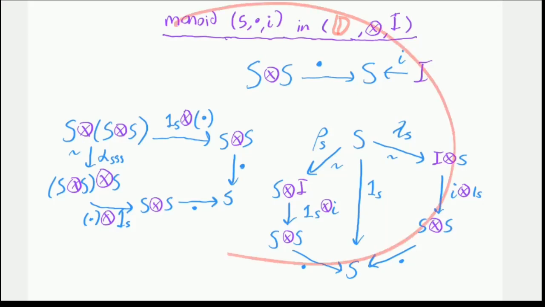So what I've written here is what I consider to be a monoid in this monoidal category D. And just to reiterate, a monoid in this monoidal category D consists of an object S of D together with an arrow called dot from S tensor product S to S, and another arrow I from the monoidal unit to S, such that these two diagrams commute.